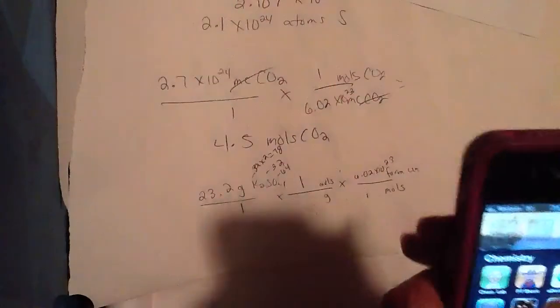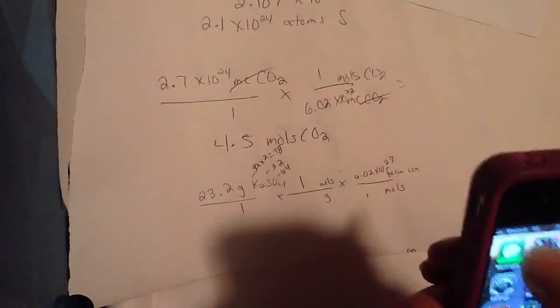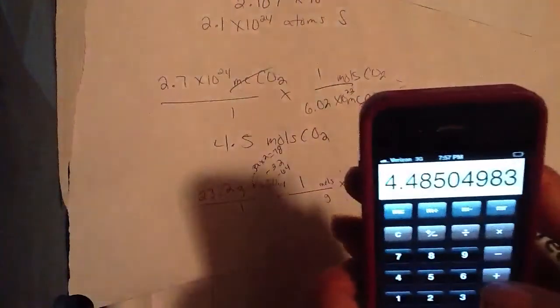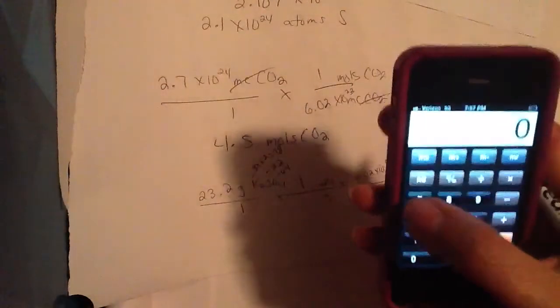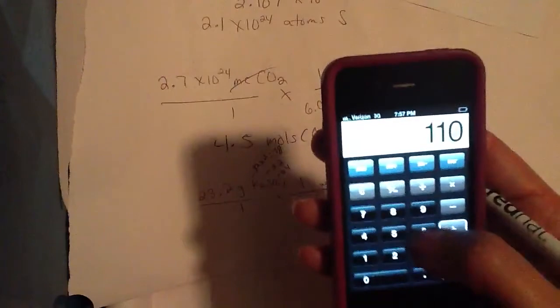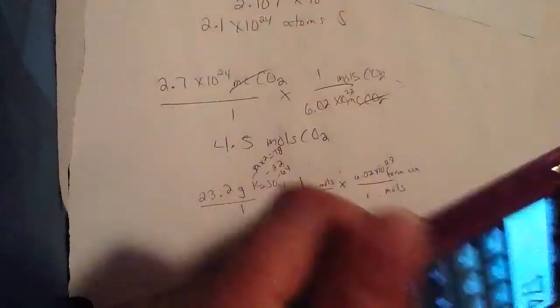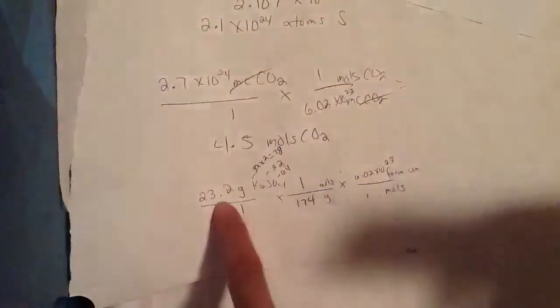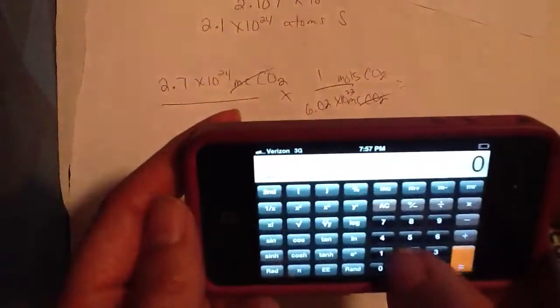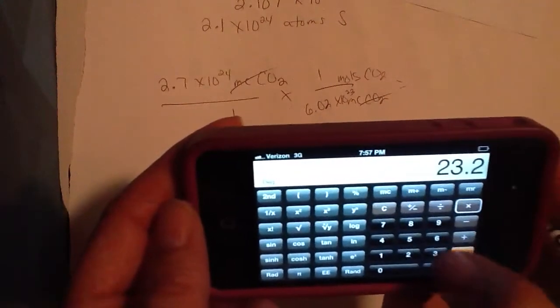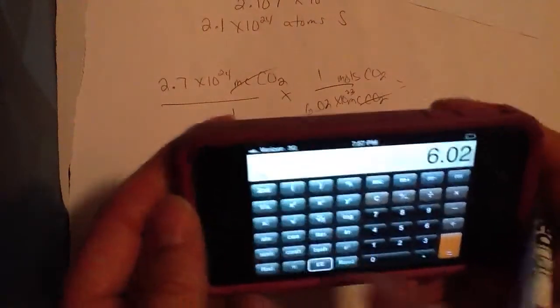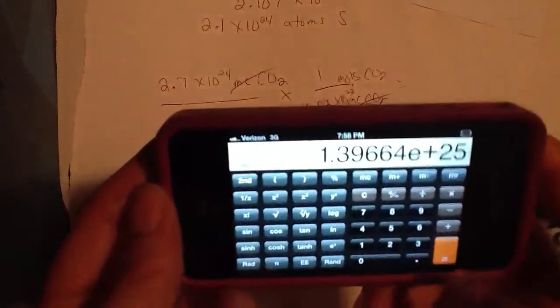Alright, so let's go to our calculator. Okay, so I'm going to clear that out, and I'm going to go 78 plus 32 plus 64. That gives us 174 grams for the mole. Okay, so let's go ahead and turn it. We take everything on top, multiply it. So 23.2 times 6.02 times 10 to the 23rd, equals.